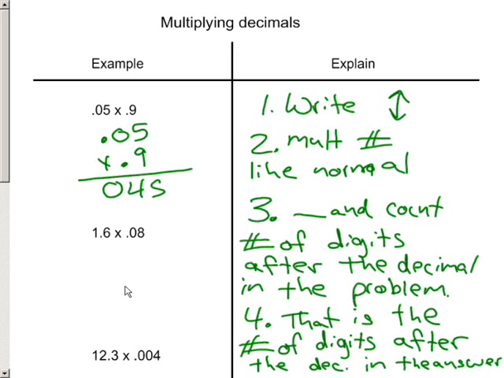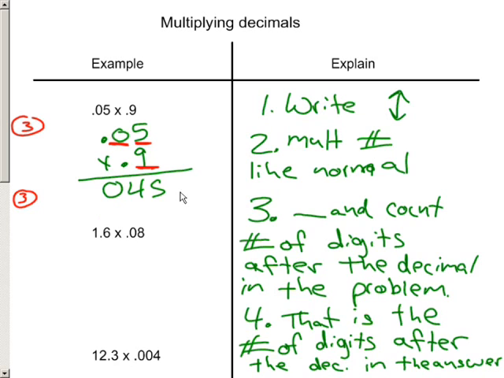All right, so what do I mean by that? This is your tool. We're going to go to our problem, and you are going to underline and count how many digits are after the decimal place in the problem. So here goes. Here's 1, 2, and 3. So we have 3 digits after the decimal in the problem. Then we need 3 digits after the decimal in the answer.